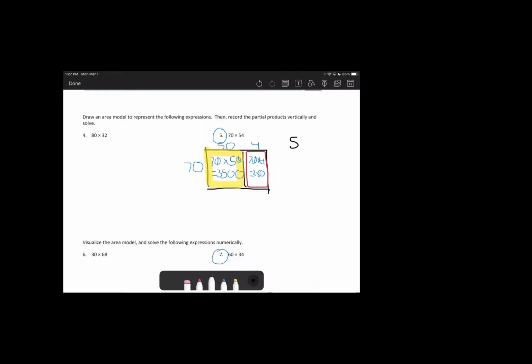Right, 54. And then we'll put 70 underneath. So then now, Chase, what are my two partial products that I'm going to write? 280. 280 and 3,500. Right.